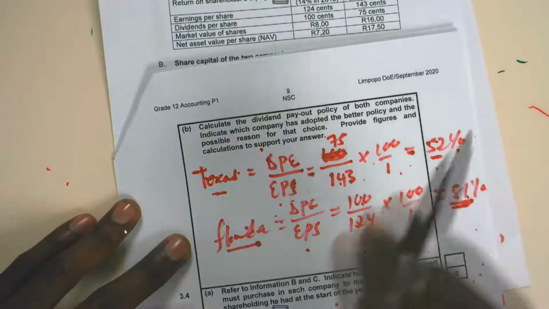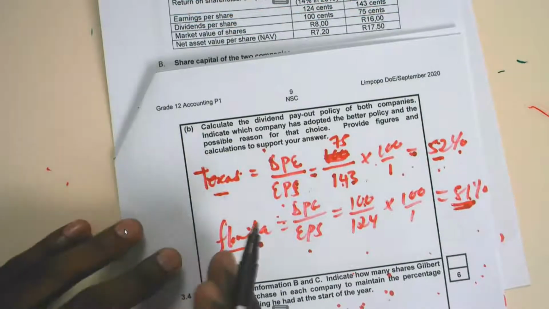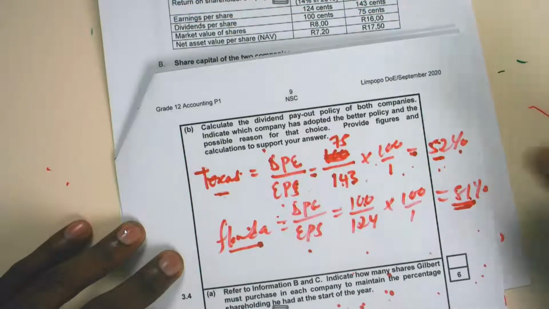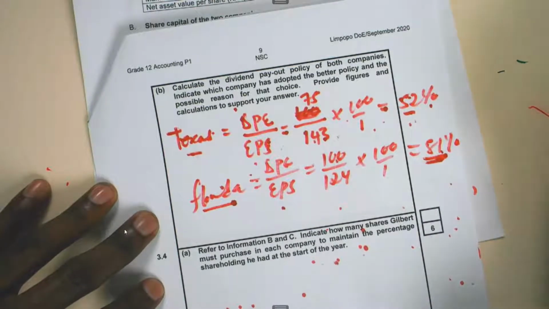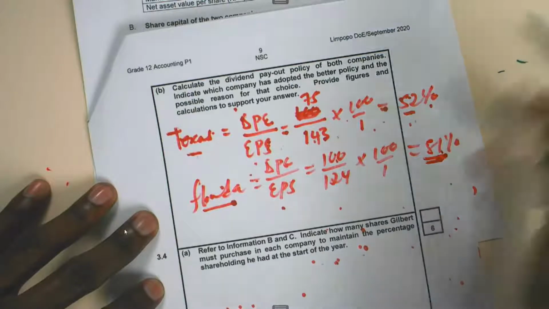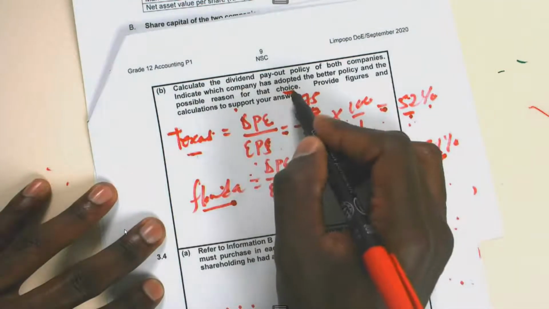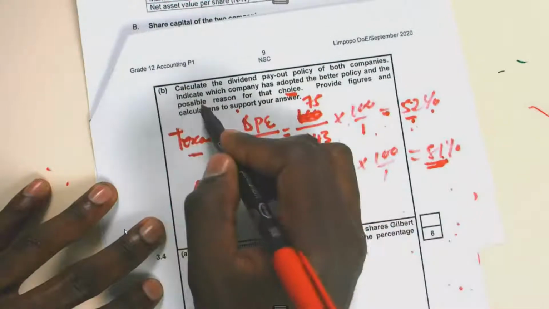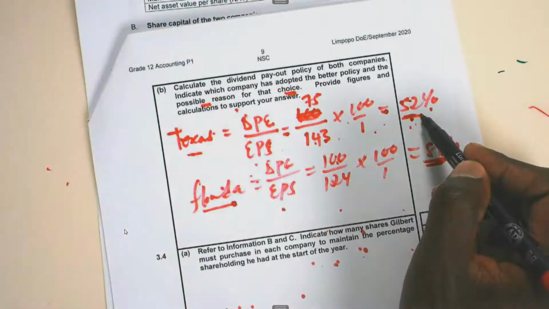It means their decision was to keep more profit for future growth, or maybe to use it in the future to pay for necessary expenses if the business does not have money. Remember, we are talking about the choice. The reason for this choice is that they wanted to keep more money for future growth and development.